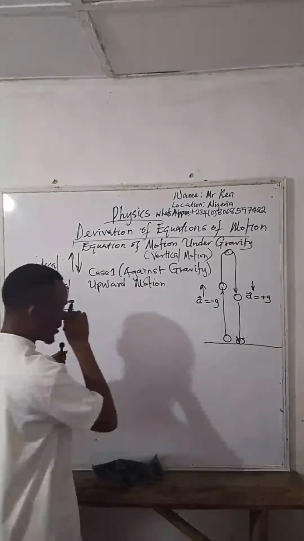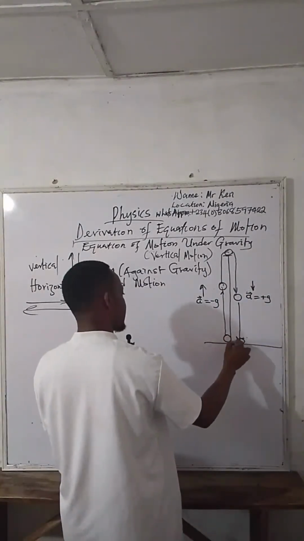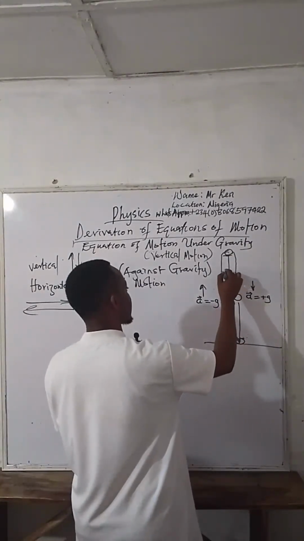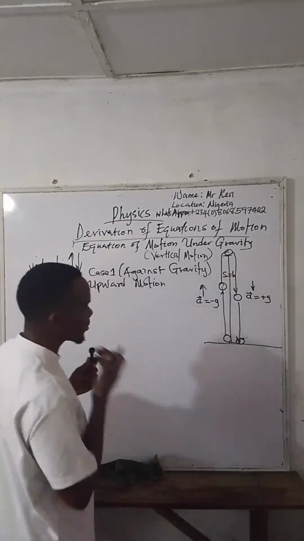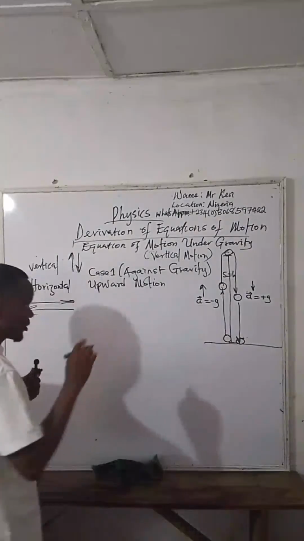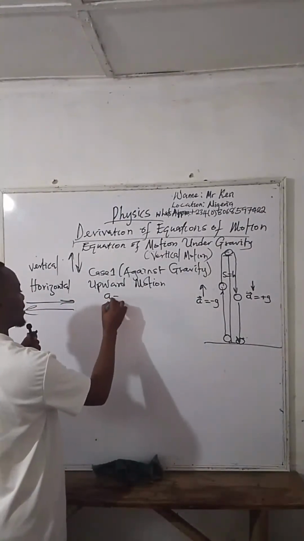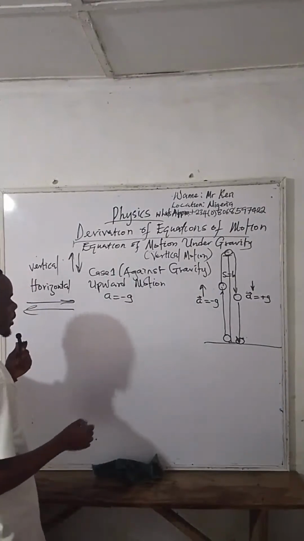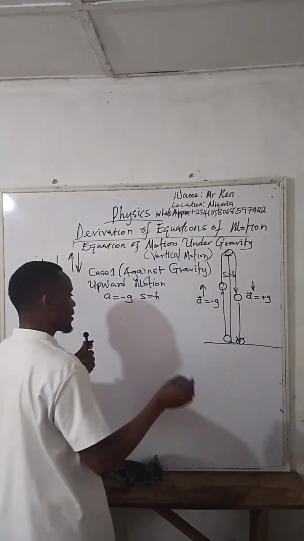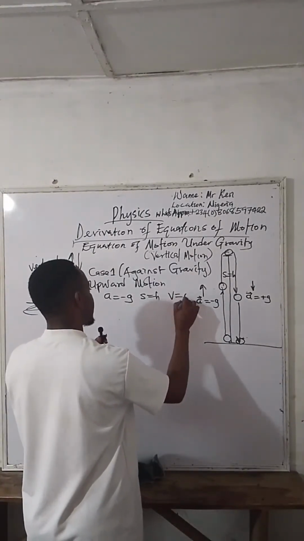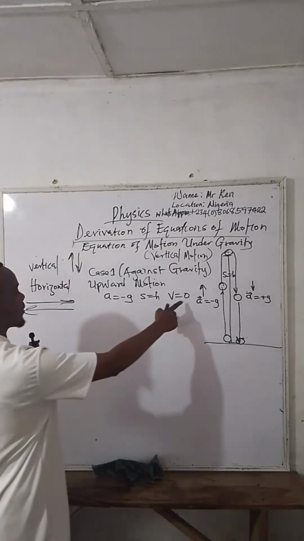If it's going against gravity, this is the maximum height, that is s is equal to h. Point to note: when the object is going up, a is equal to minus g, s is equal to h, and final velocity is 0.